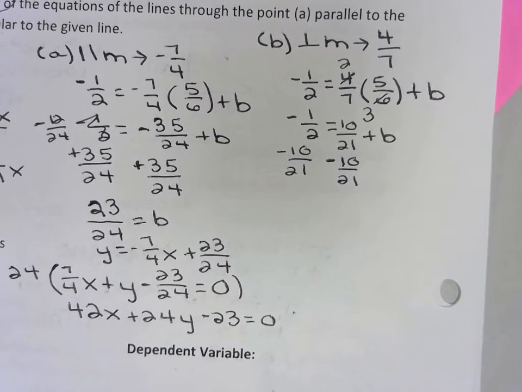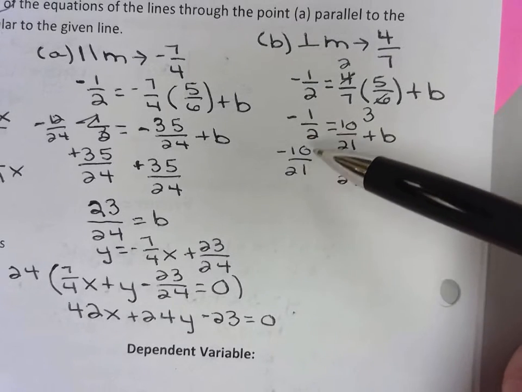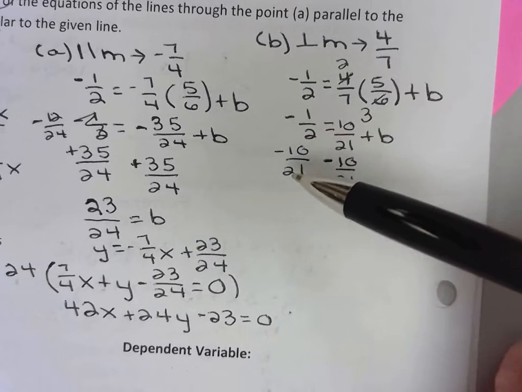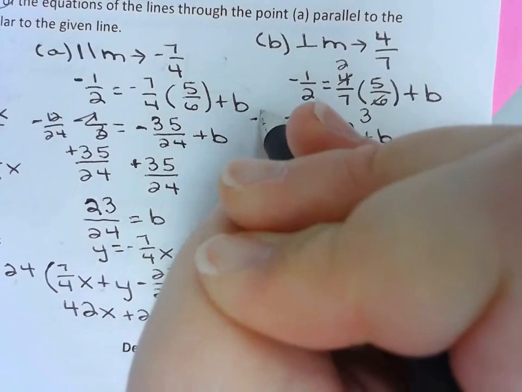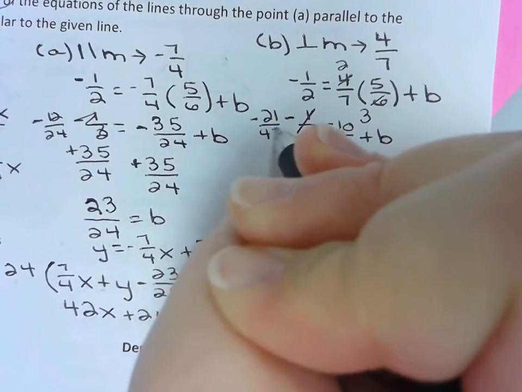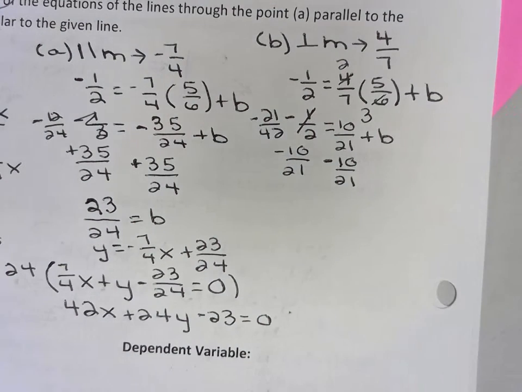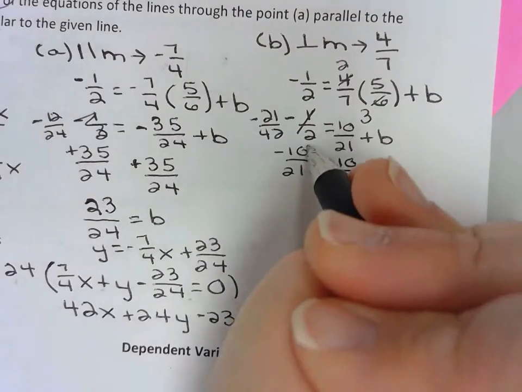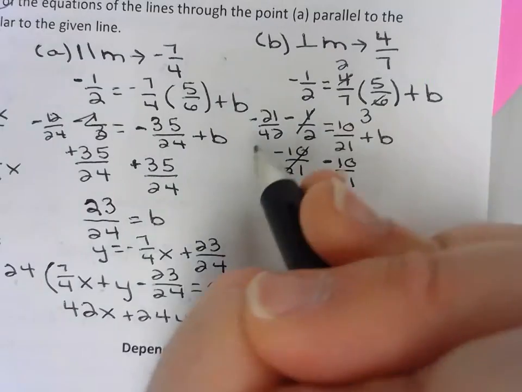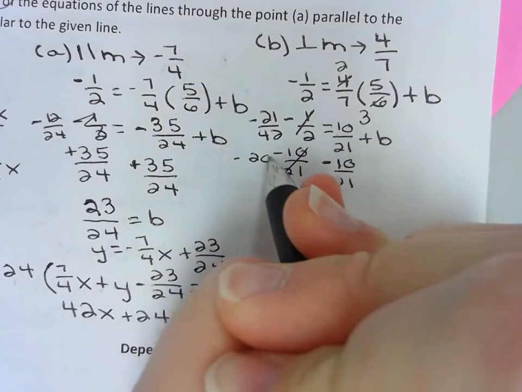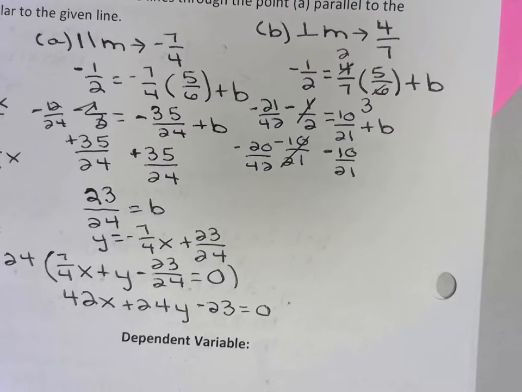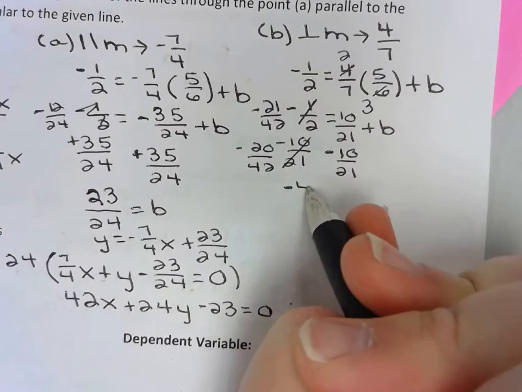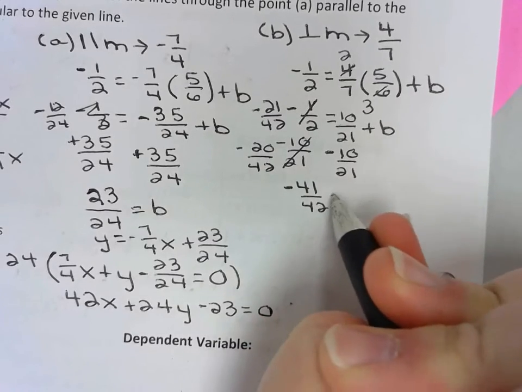So I'm going to have to change both of these to get common denominators. The common denominator between 2 and 21 will be 42. So this will be negative 21 over 42 if I multiply top and bottom by 21. And the bottom one will look like negative 20 over 42. I'm subtracting, so I add, keep the negative. So negative 41 over 42 equals b.